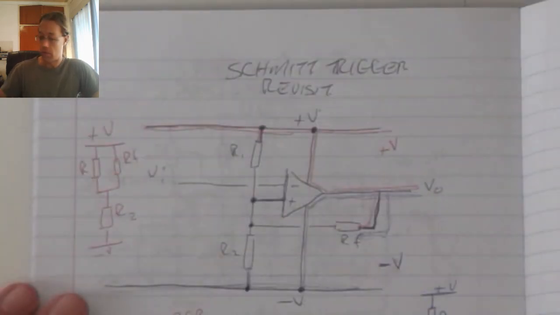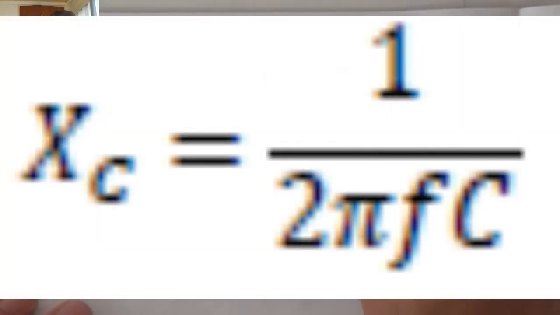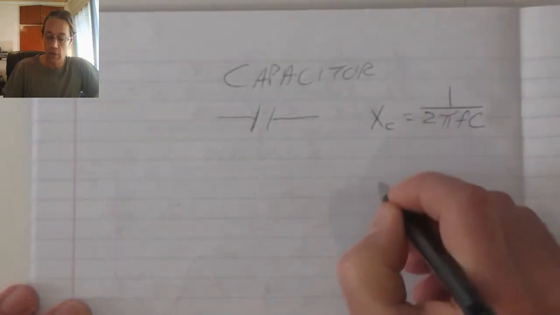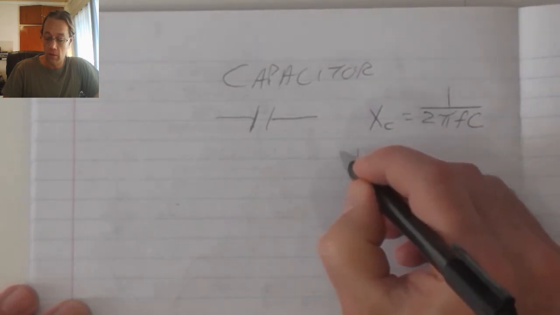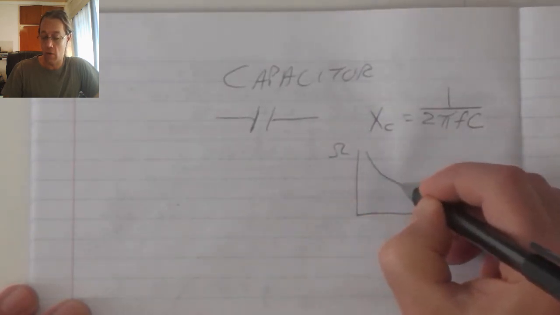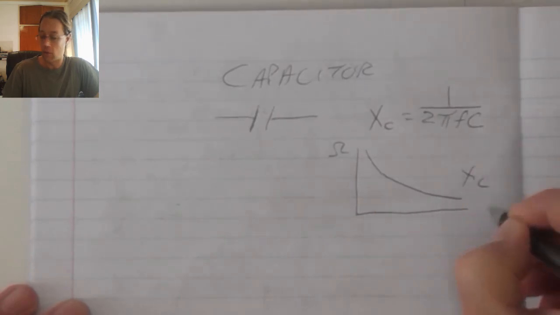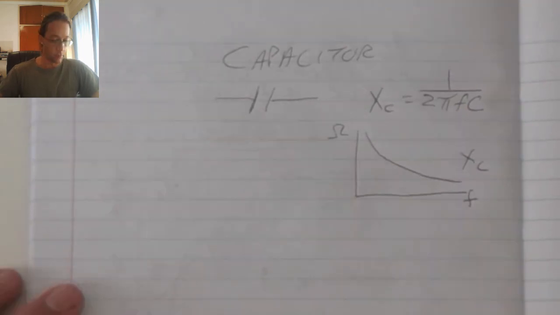Ohm's law also applies to the capacitor, but the reactance Xc is equal to 1 over 2 pi fC. That will result in the ohmic value decreasing non-linearly with reference to an increase in frequency.